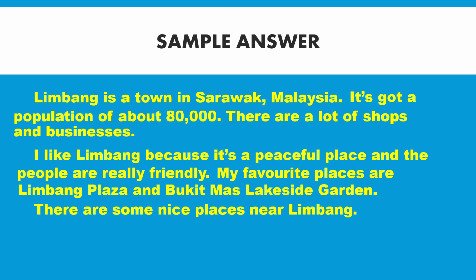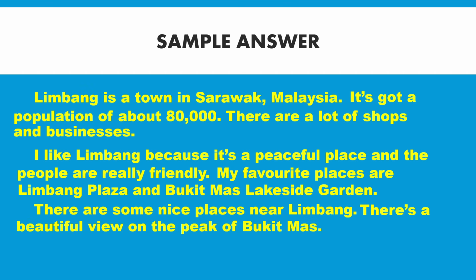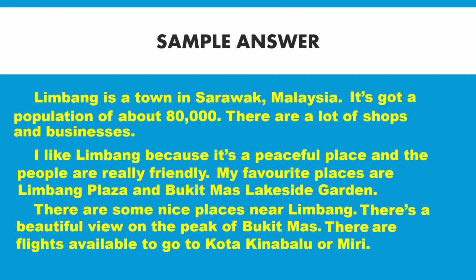And last but not least, there are some nice places near Limbang. There's a beautiful view on the peak of Bukit Mas. There are flights available to go to Kota Kinabalu or Miri. So the answers from the question just now, I compiled it and divided them into 3 paragraphs, and that will make a short, simple and sweet essay for you as a good beginning of writing composition.